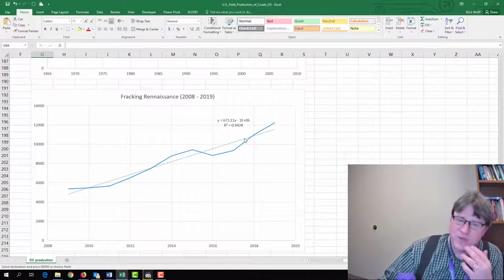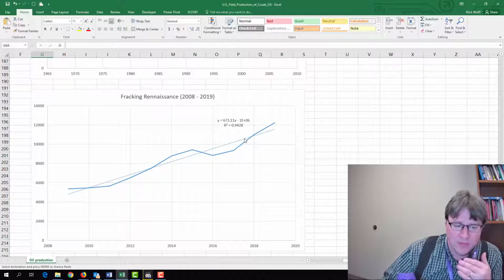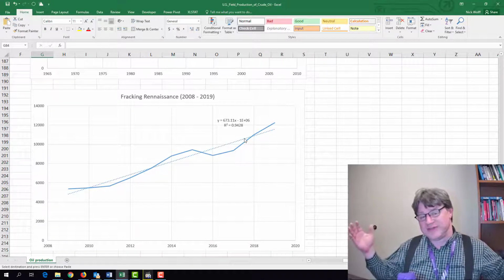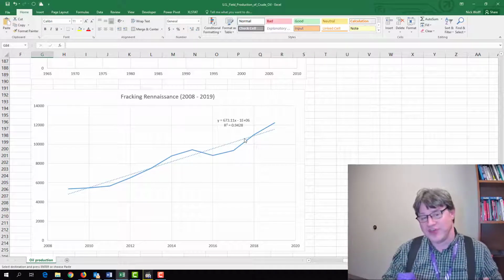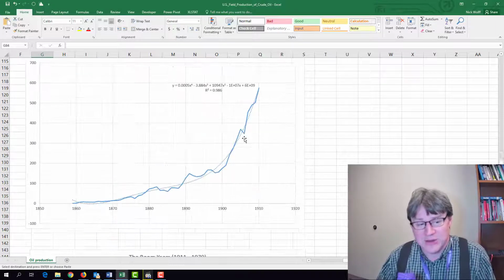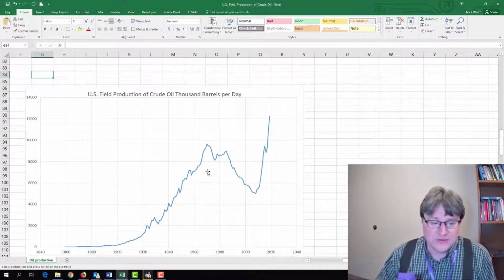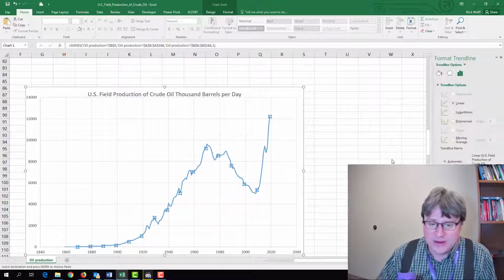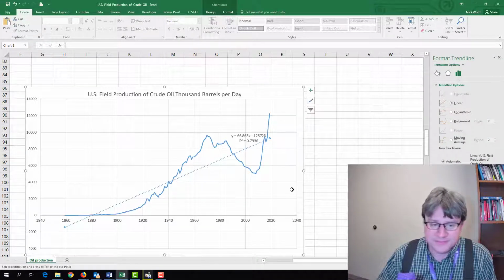So I don't know if this has been helpful for you or not, but hopefully you realize that you can break down any large set of data into smaller chunks to make sense of it. Because if you try to fit a linear expression through this, it's not going to be very good. So we'll add a trend line, we'll add the equation.